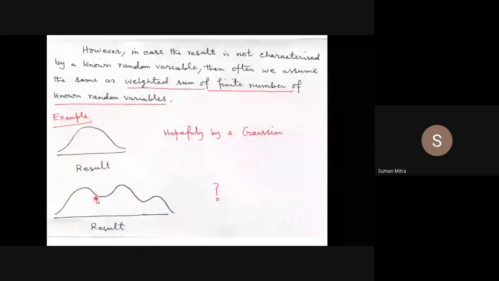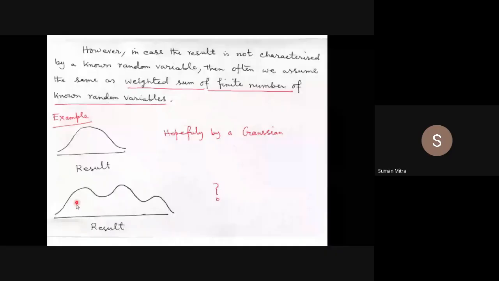One is this, a Gaussian distribution with certain mu and sigma square. Another one is this, another Gaussian with certain mu and sigma square. And the last one is also a Gaussian with another mean and variance.